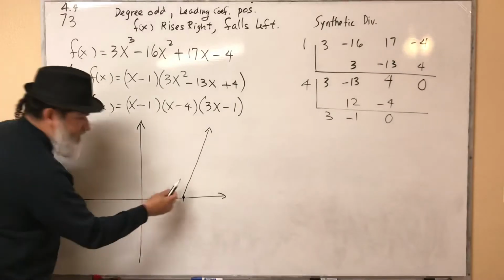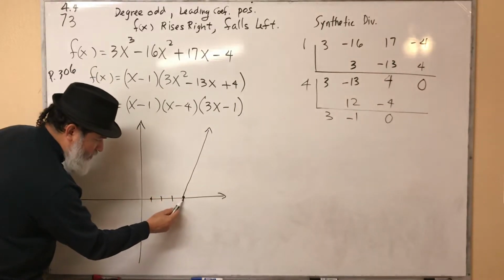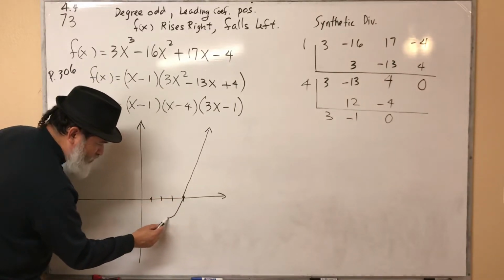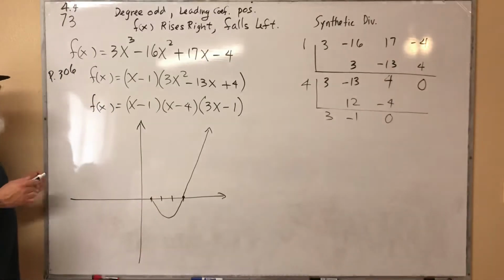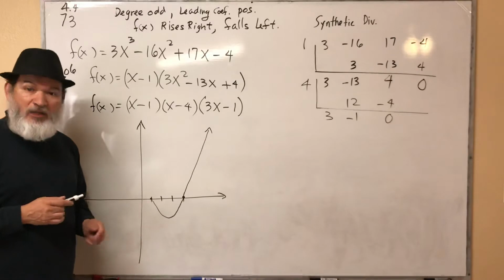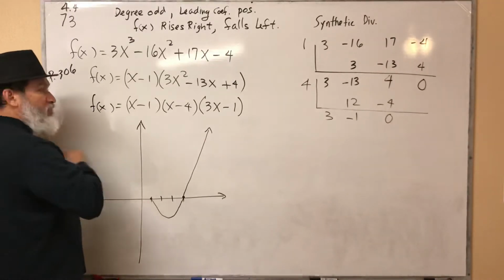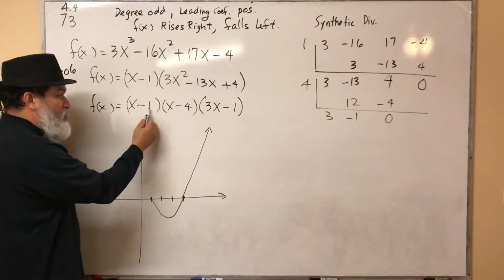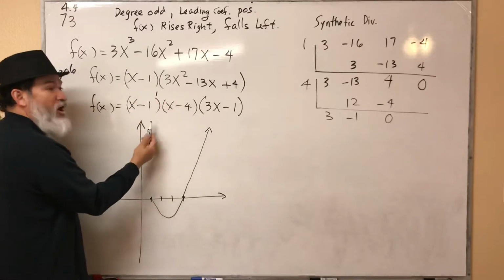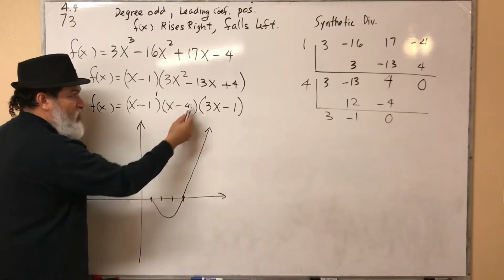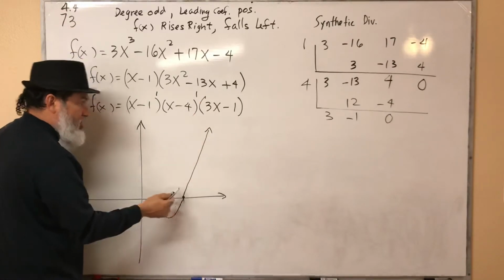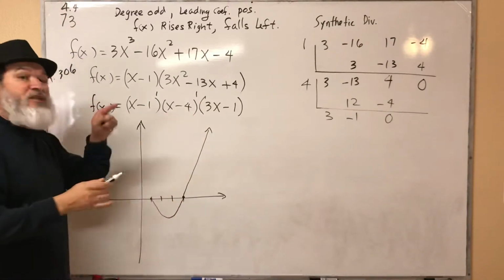So that means that this function has to come down and somehow turn around and go back up and pass through this. And it's going to cross because the multiplicity is odd. The multiplicity of x minus 1 is 1, which is odd. It crosses there. Multiplicity of x minus 4 is 1, which is odd. It crosses there. If it's even, it touches.